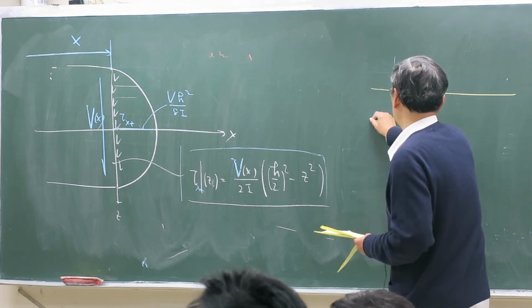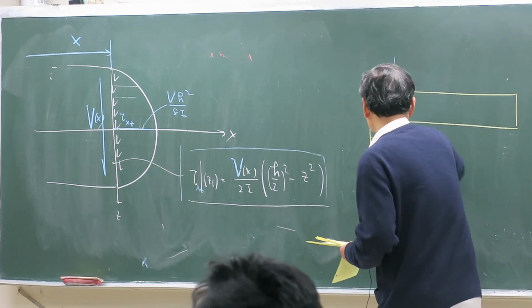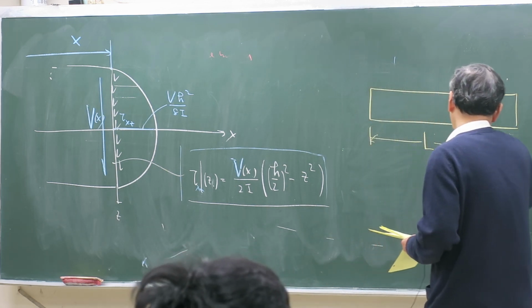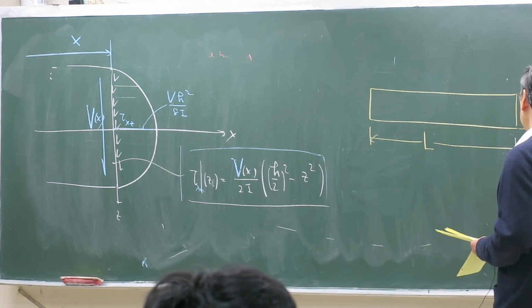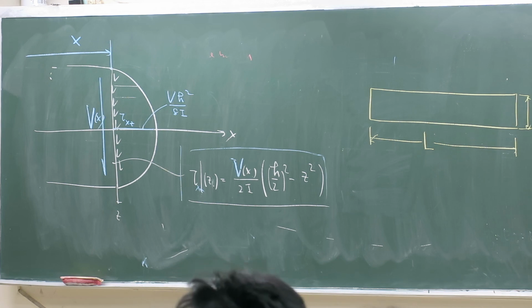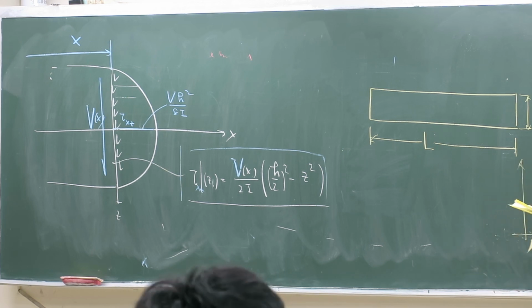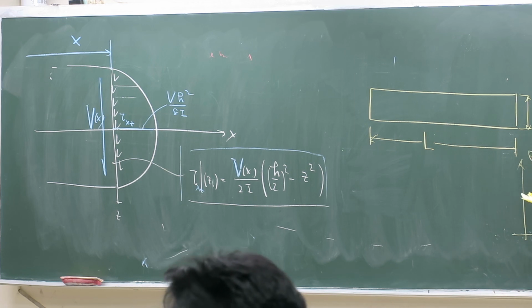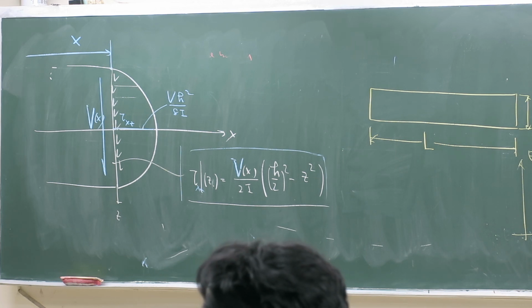For a beam, this is a beam of length L and thickness H. We have an error as a function of the L/H ratio.